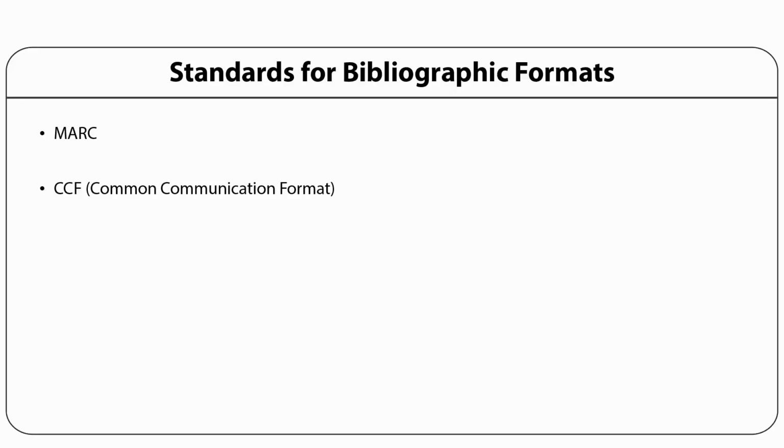But since it is common for developing countries to support only a single bibliographic agency, some countries have indicated that they find neither of these two formats entirely satisfactory. The direct result of this dissatisfaction has been the development of the Common Communication Format, that is CCF. It was first published by UNESCO in the year 1984.